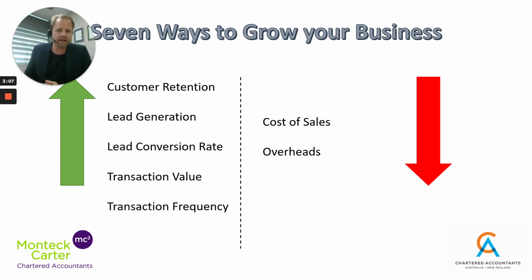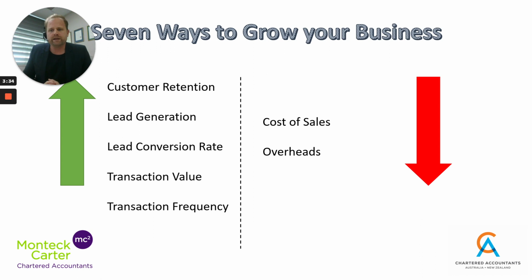And then on the right-hand side, where it comes to costs, if we can become more efficient, so it might be that we send our team on a training day, and as a result of that, they become more efficient and therefore can do the work faster. Obviously, the cost of generating that income is going to be reduced. And finally, overheads.